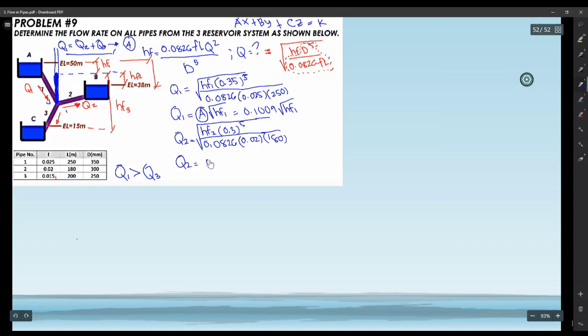So, Q2 natin is B square root of HF2. Ayan. Square root of 0.3 raised to 5 divided by 0.0826 divided by 0.02 divided by 180. So, the answer for that is 0.0904 square root of HF2.